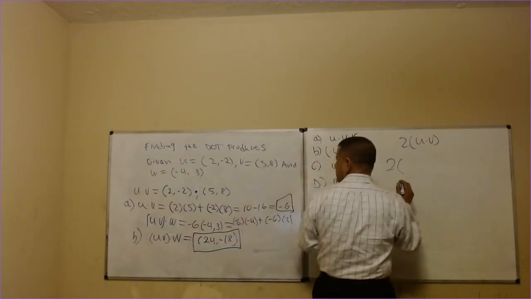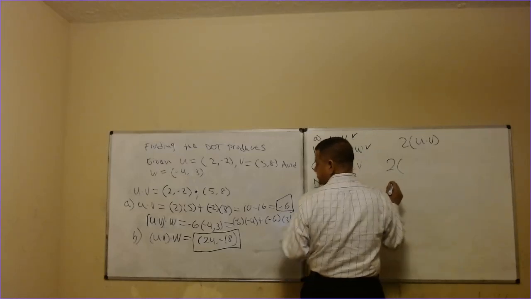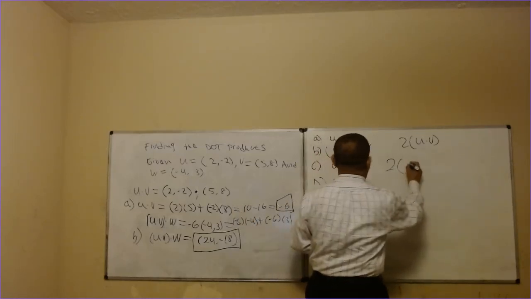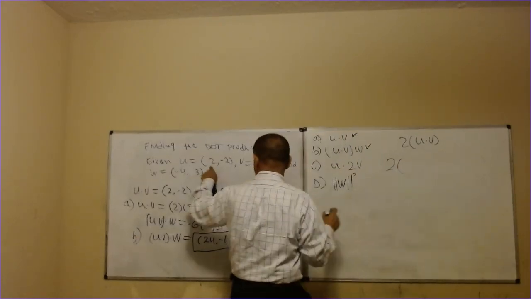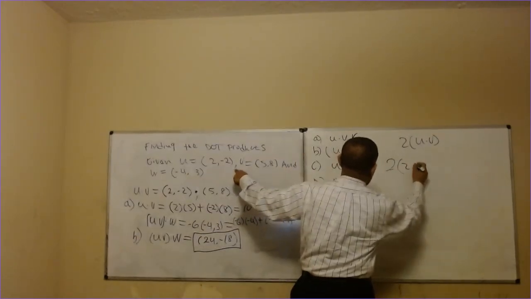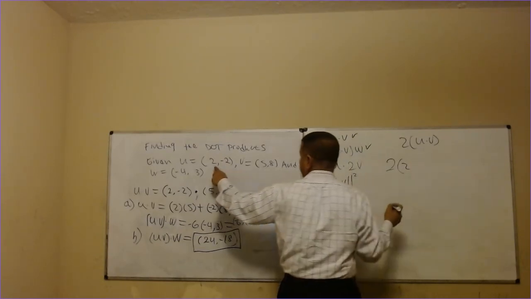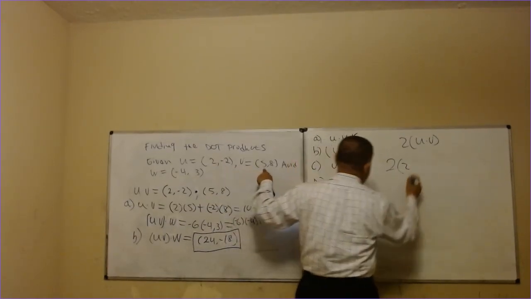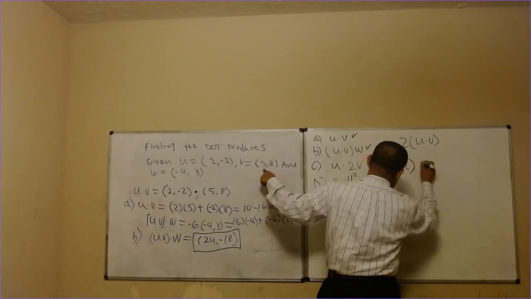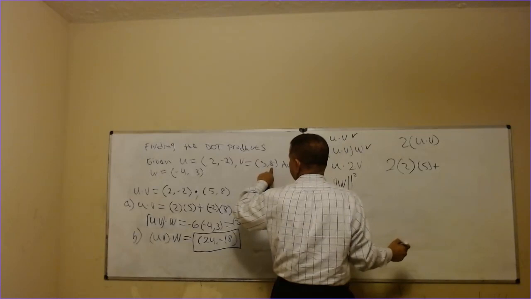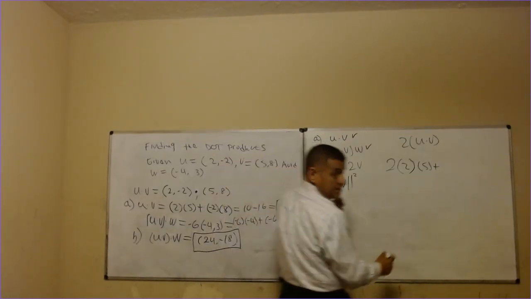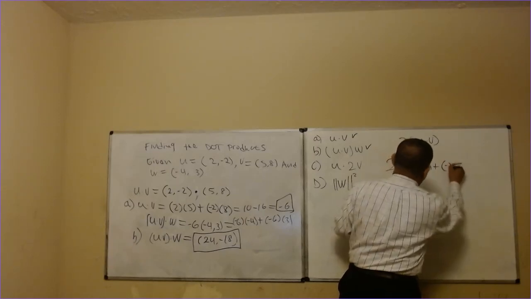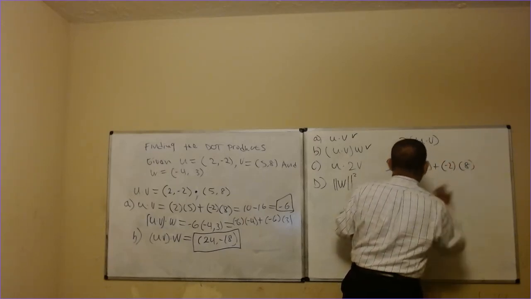So we did U dot V, because U is 2, right? And then so it'll be 2 times 5 plus negative 2 times 8, right?